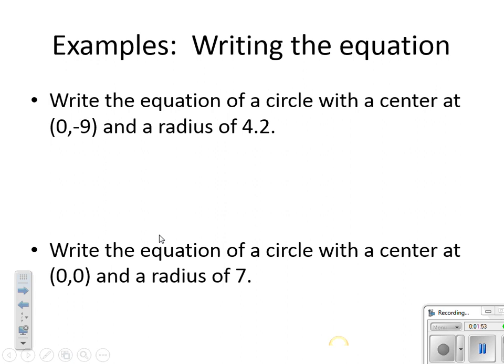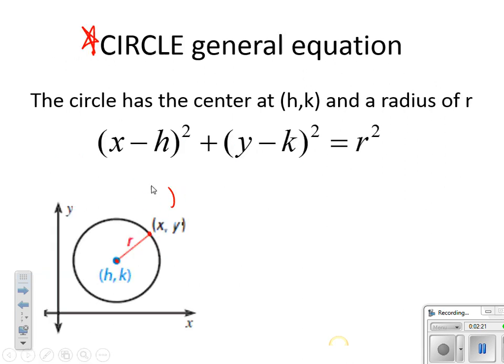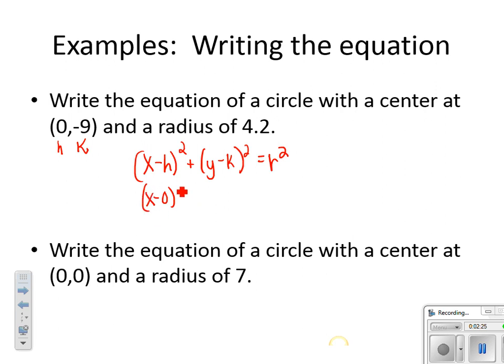Now, you need to write these in your notes as well. We're going to write some equations given that information. So I know my center is 0, -9. This is my h and k. And I know I have a radius of 4.2. So I'm going to write down that general equation, x minus h quantity squared plus y minus k quantity squared equals r squared. So I'm going to do x minus 0 squared plus y minus -9 squared equals 4.2 squared.